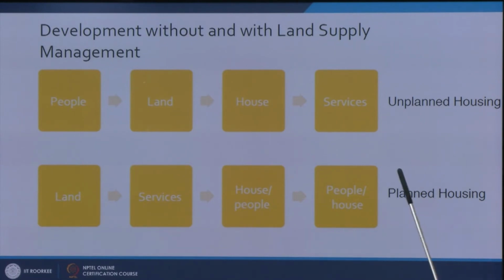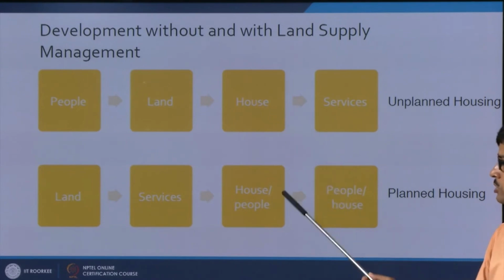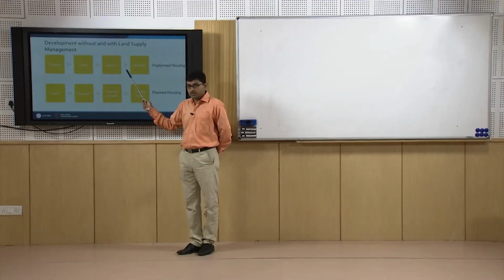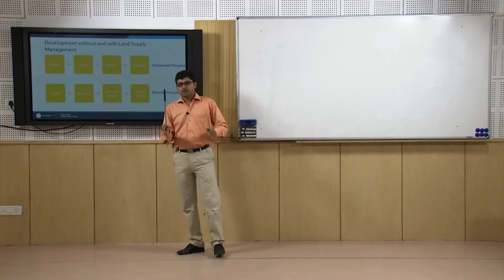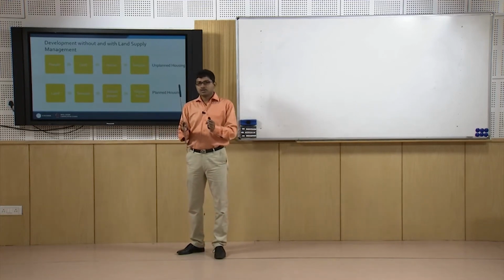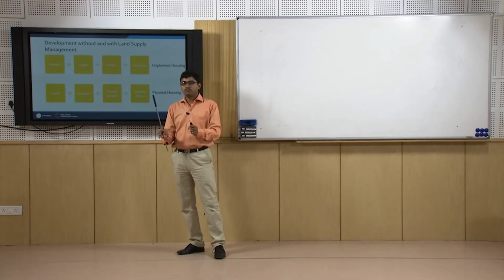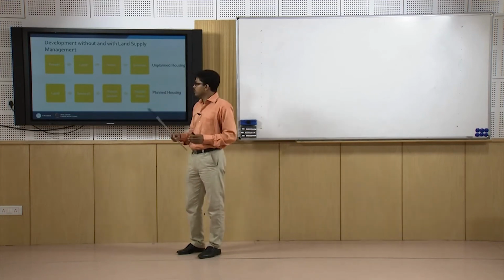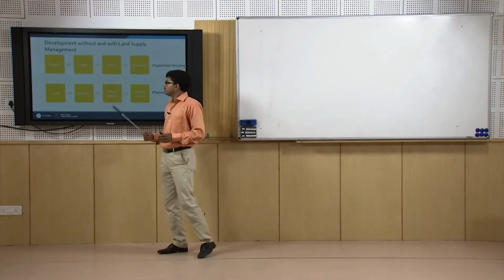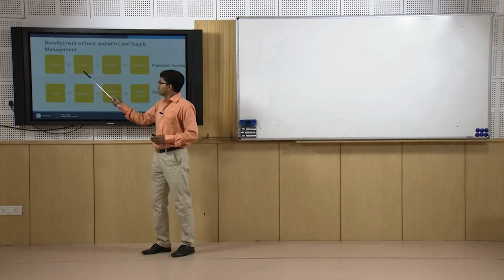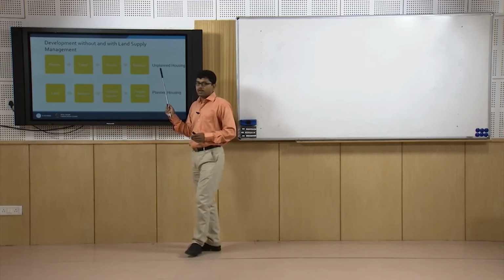So, the fundamental difference between these two approaches: the first approach is the conventional one, which is more common in India, where most houses are privately owned single family housing, or at most multiple family housing, on a single ownership plot, and it is basically unplanned housing.